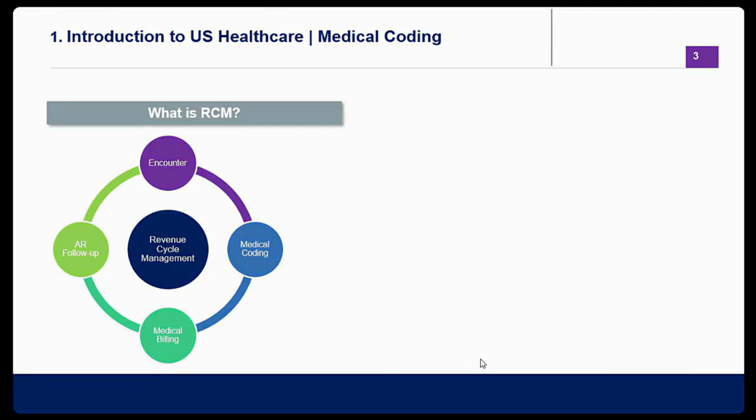Here, analyzing the medical report, assigning the codes, and determining which code has to be assigned are all done by the medical coder, which is a very important step in the RCM cycle because all other steps are based on the coding. So this is how the RCM cycle is managed.